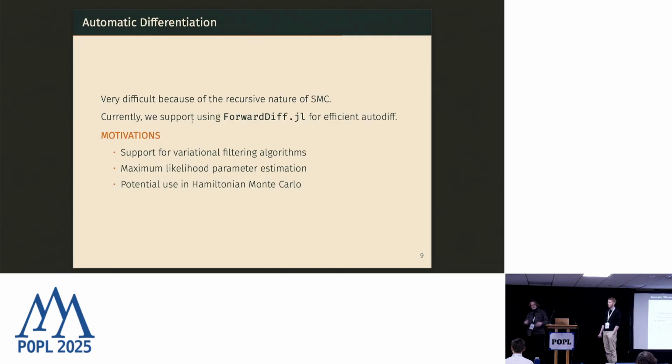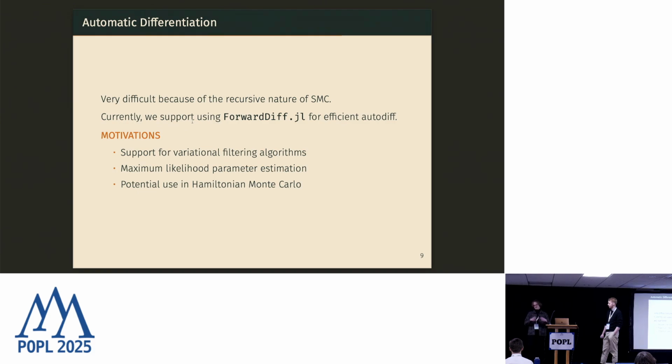And since I was talking about differentiable particle filters, I'd like to talk a little bit about automatic differentiation within this interface. It's actually quite a bit difficult to do because of the recursive nature of sequential Monte Carlo. But currently, we do support forward mode automatic differentiation using ForwardDiff.jl. And so some motivations as to why it would be useful for particle filters or Kalman filters in general. The low-hanging fruit here is maximum likelihood estimation.